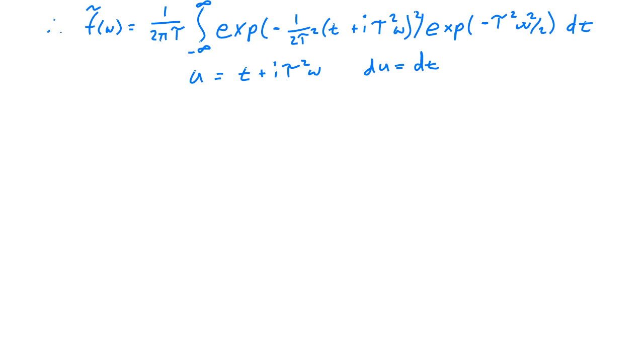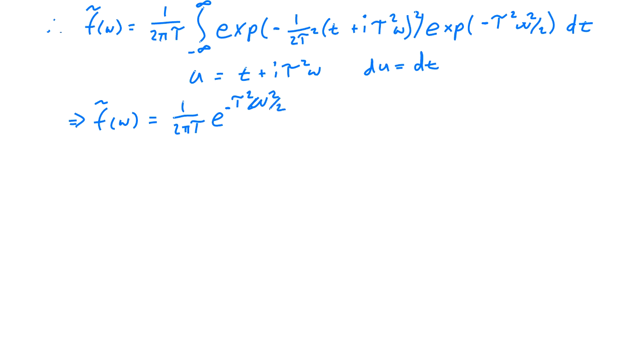So when I put in these new variables, I can change my Fourier transform in terms of that new variable, which I'm integrating over anyway. And so I have 1 over 2 pi tau from this first term. Then I have this exponential term, e to the minus tau squared omega squared over 2.